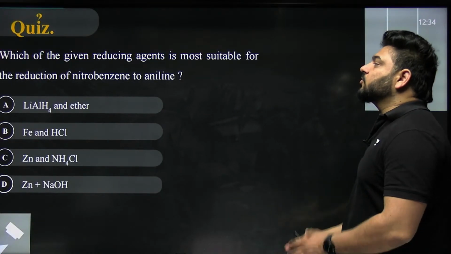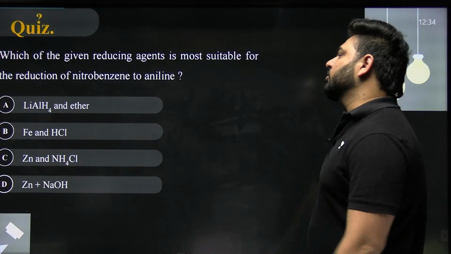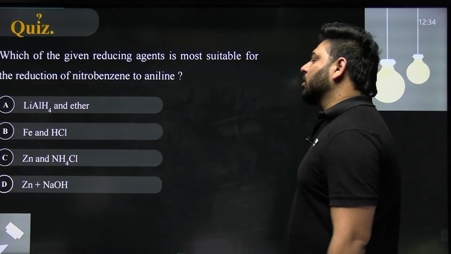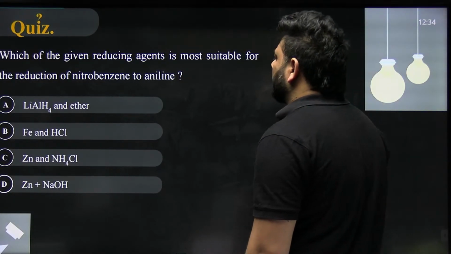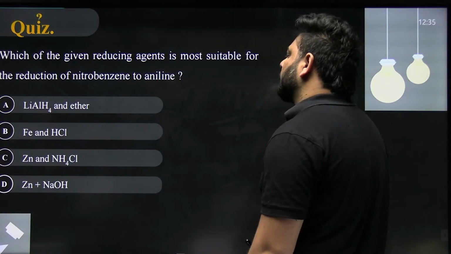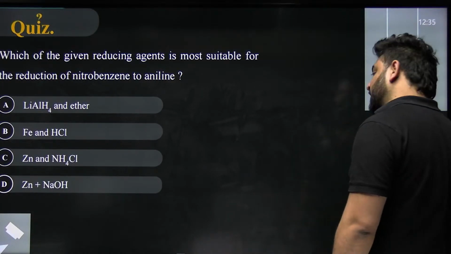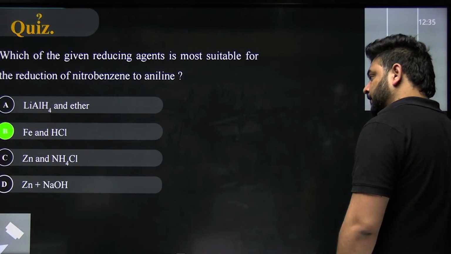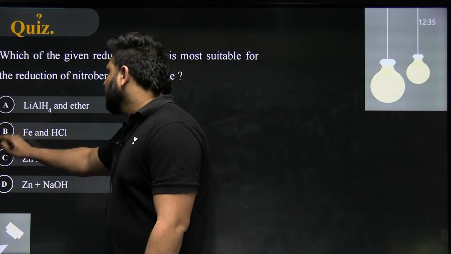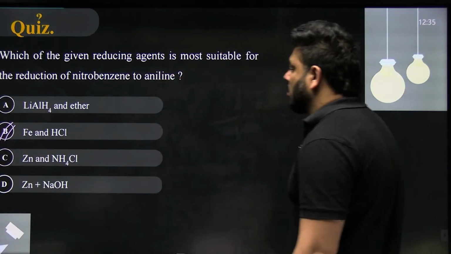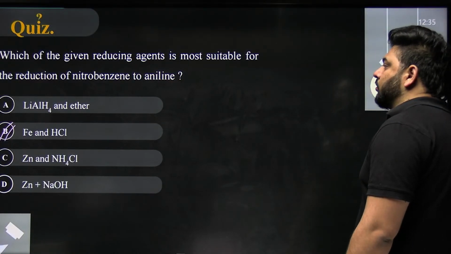Which of the following reducing agents is most suitable for the reduction of nitrobenzene to aniline? So anything is fine, you can pick. What's the meaning of most suitable? I think it should be iron HCl. So iron HCl is most favored for this reaction, most suitable.